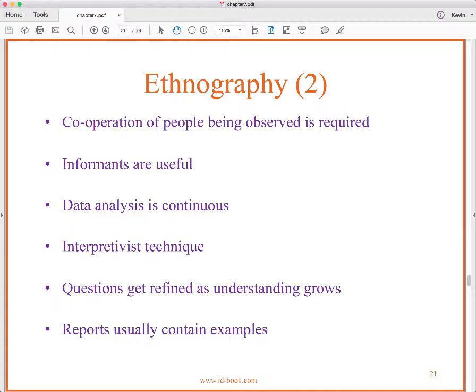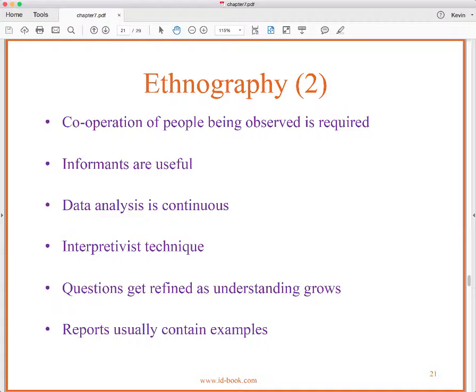So that's going to inform our decisions about what further data to collect and what further interactions to have with the population we are studying. Our questions get refined as our understanding grows.